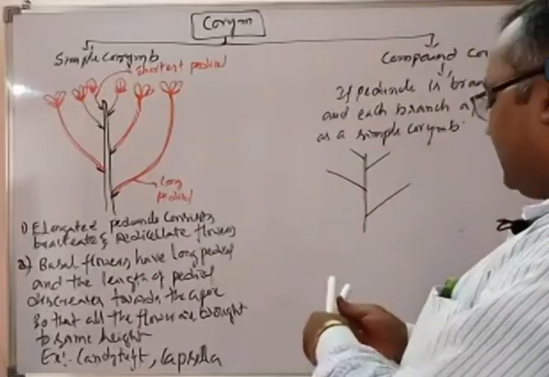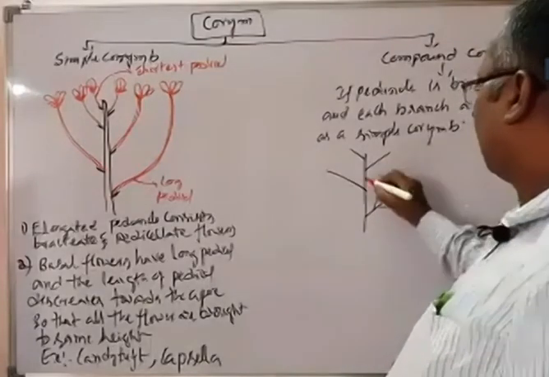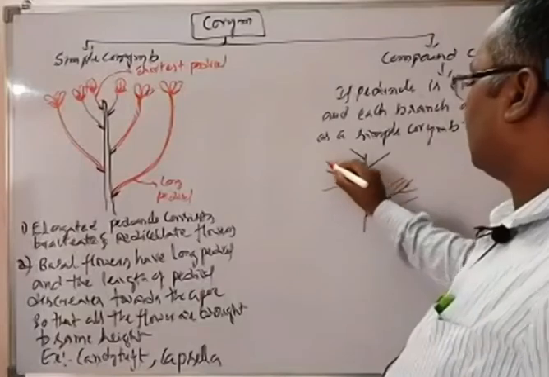So each branch appears like a simple corymb.